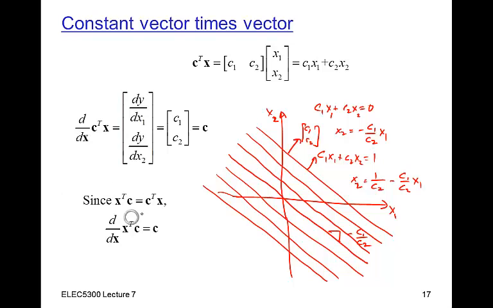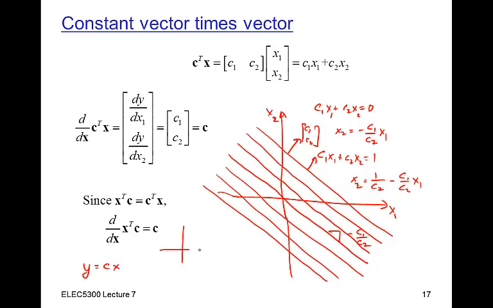Now, since x transpose c is equal to c transpose times x, in this case, if I differentiate this with respect to x, I also get c. Now, I think it's always instructive when we do these kinds of differentiations to think about what the analog is in 1D, right? So an analog in 1D is simply y is equal to c times x.